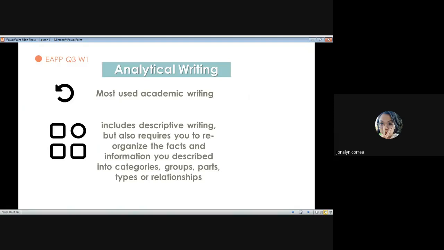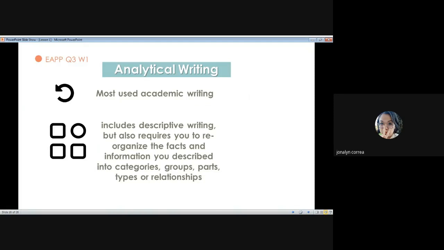So once you are choosing analytical writing, you are distinguishing different categories on the data you have collected for your specific writing. So you are to categorize them one by one. Is this idea related to this one? Is this related to this?